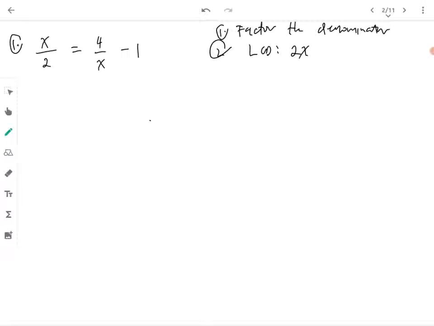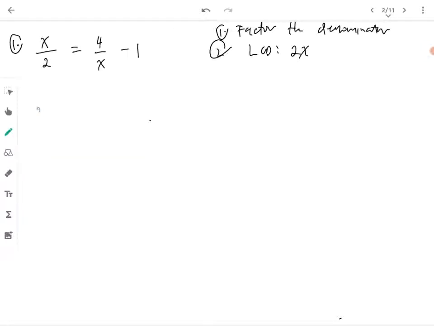After that, we multiply the LCD throughout the terms. How many terms do we have? We have 3 terms. X over 2 is our first term, 4 over x is the next term, then minus 1 is the last term. Each of those terms we will multiply by 2x.